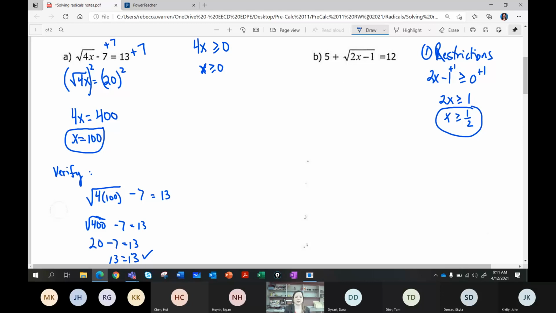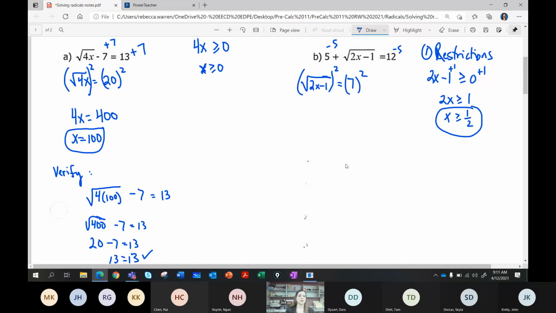So now I want to isolate. I'm going to subtract this 5. I have radical 2x minus 1 on this side. On the other side, I have 12 minus 5, which is 7. I want to get to the stuff under the radical, so I want to square each side.